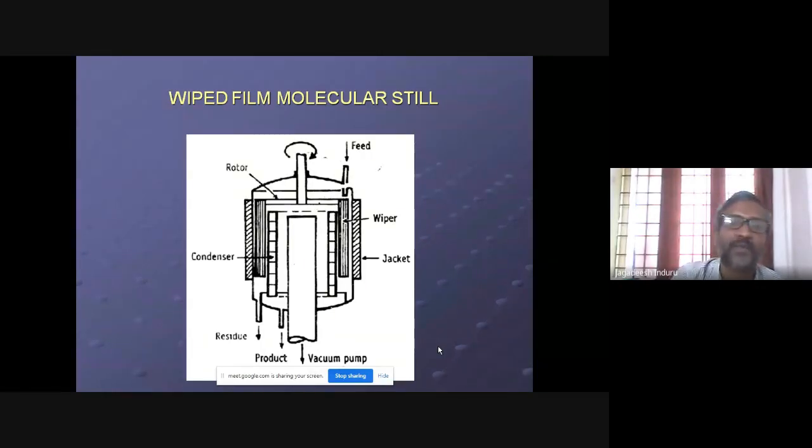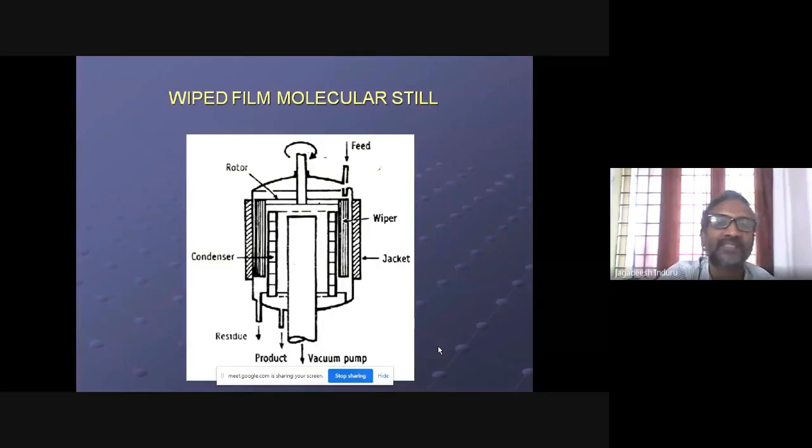Whatever rate of product and residue you are getting from the bottom, that much rate you are feeding at the top. So your process will be going on continuously without stopping or pausing your equipment. This is the versatility you are going to get, and it is also compact. But you are going to have a rotor, and that rotor is rotated by the motor.